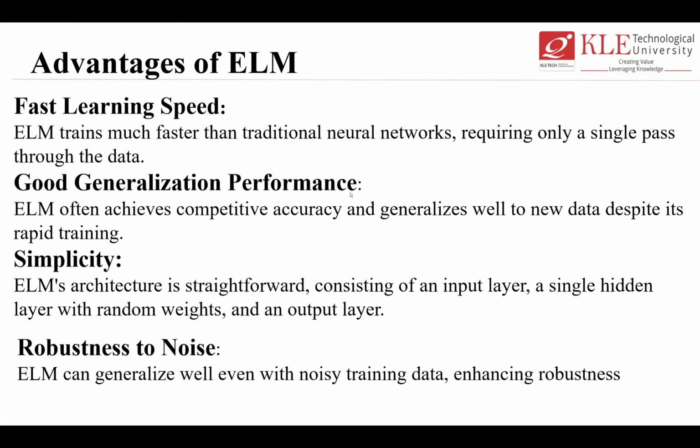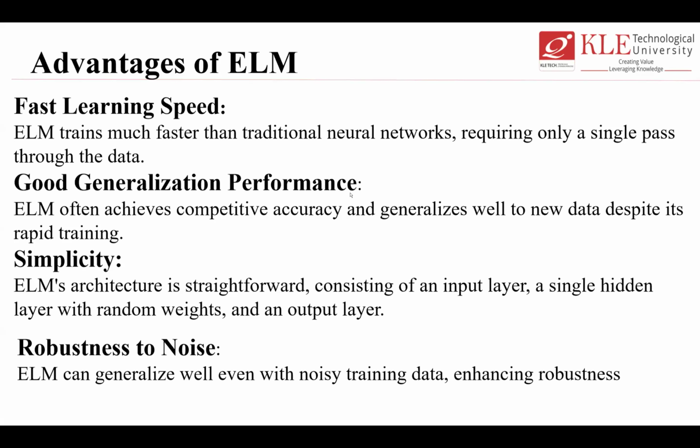Coming to the advantages, the third is simplicity. The architecture of ELM is quite straightforward. It consists of one input layer and a single hidden layer with random weights and outputs. ELM can generalize well with noisy training data, enhancing robustness. There are several other advantages, which include simplicity, robustness, and everything.